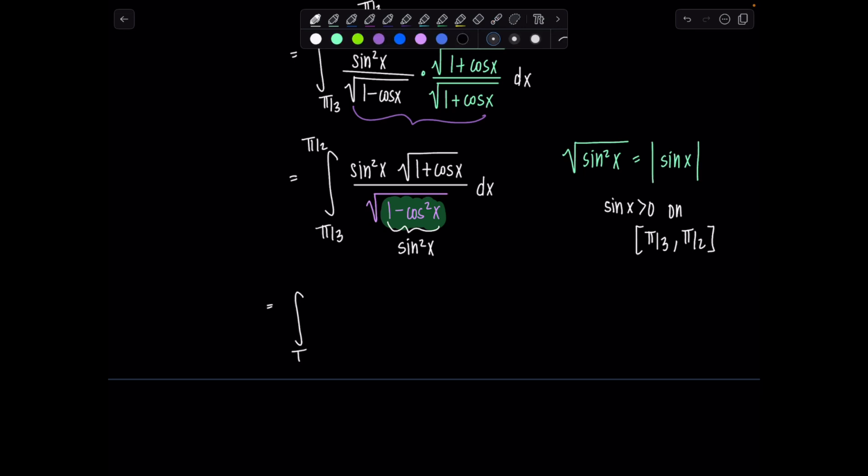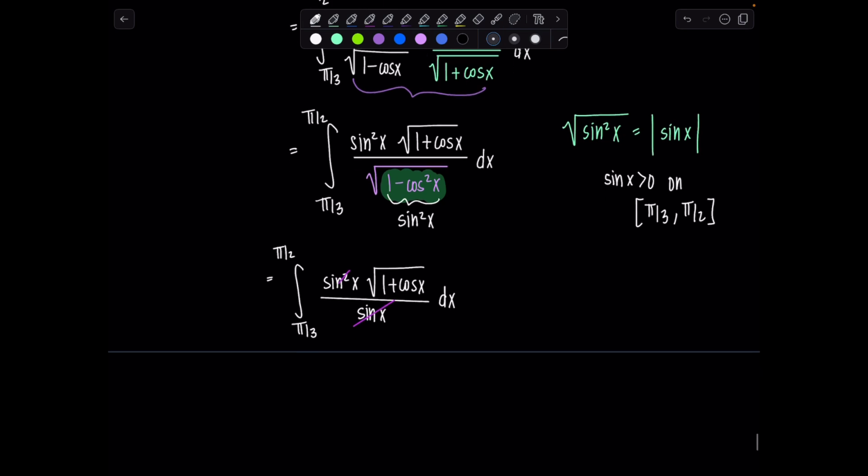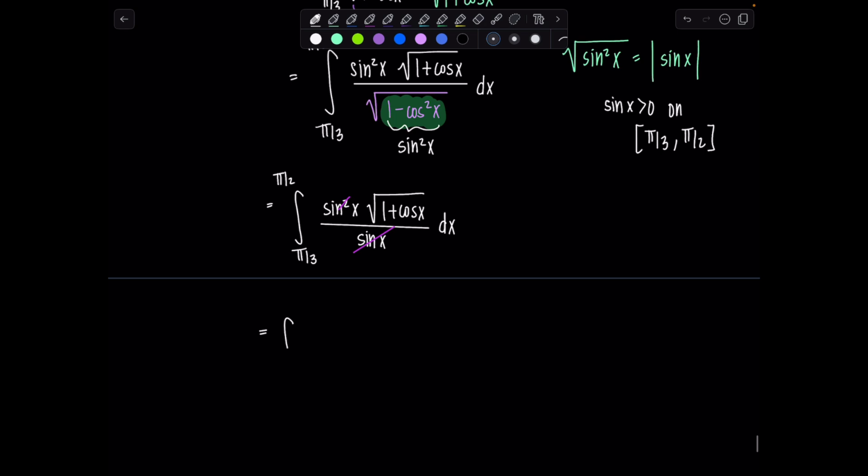We have the integral from pi over 3 to pi over 2 of sine squared x radical 1 plus cosine x over sine x dx. And yes, we can cancel out a sine x. That's exciting. And then you'll see in the next line, we're in business. So we've got the integral from pi over 3 to pi over 2 of sine x square root 1 plus cosine x dx.